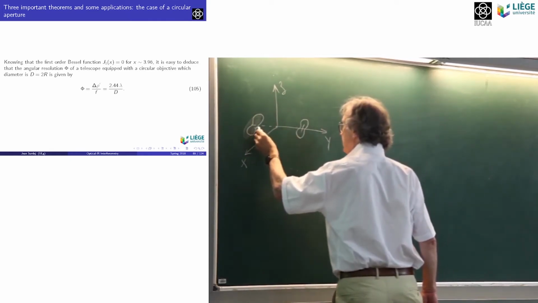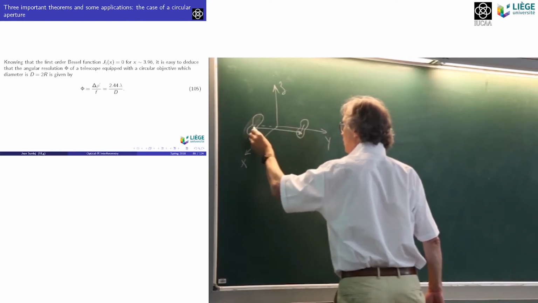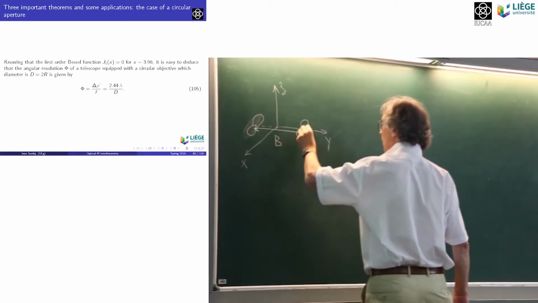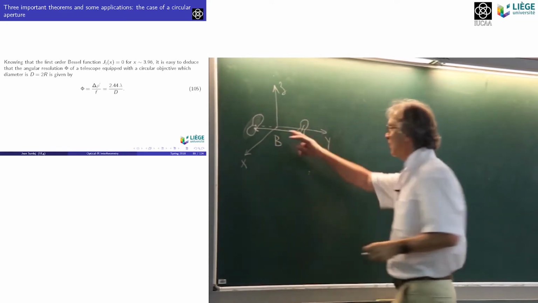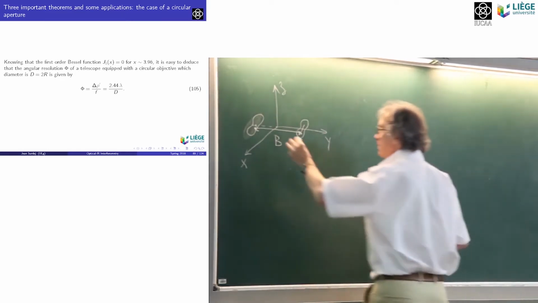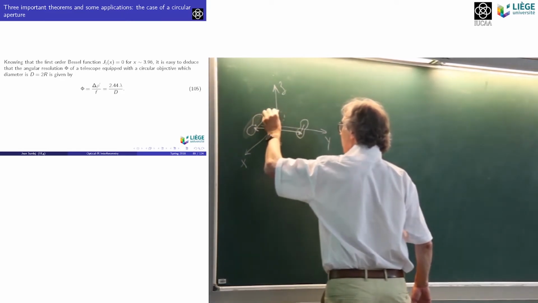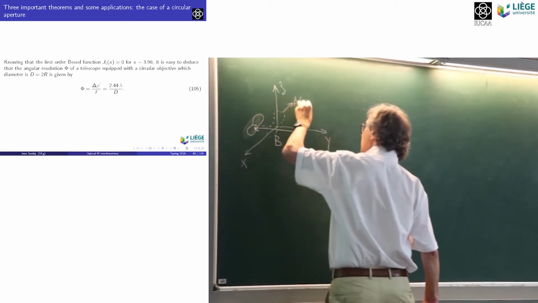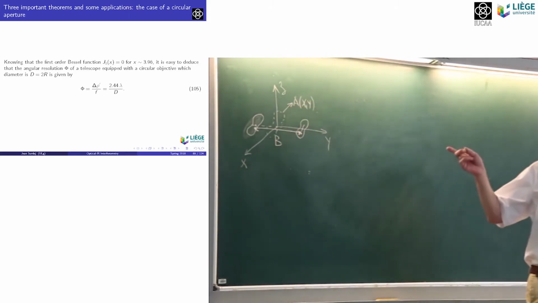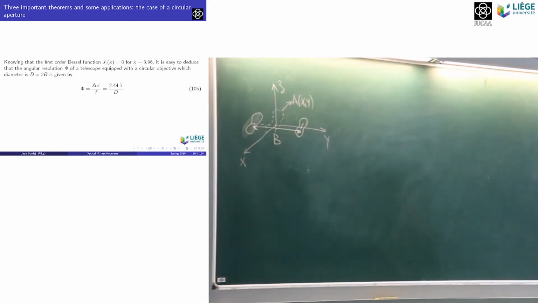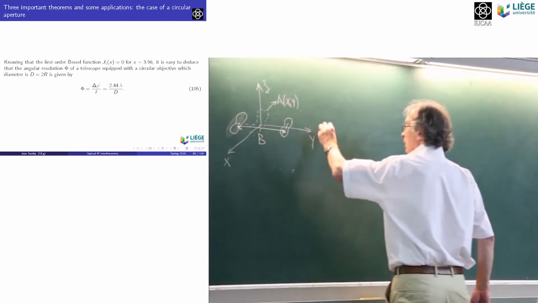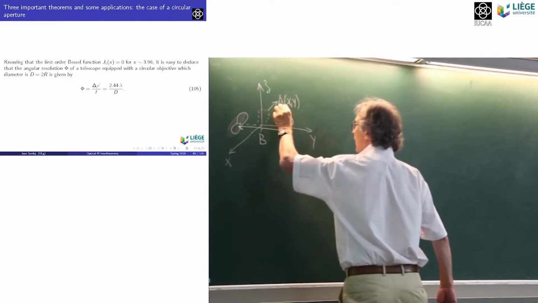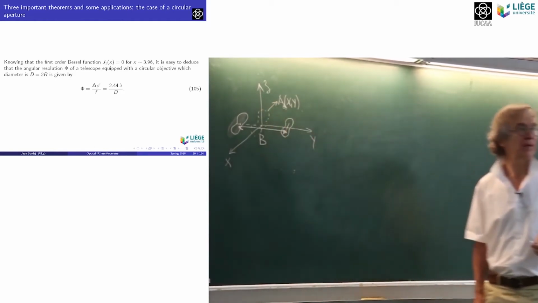Now I assume that the baseline between the two apertures, the center of the two apertures, is B. If it was centered in the middle, which is not the case, I could represent the distribution of the complex amplitude by means of the function A0 of xy.